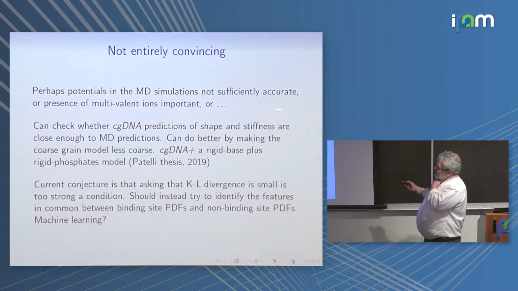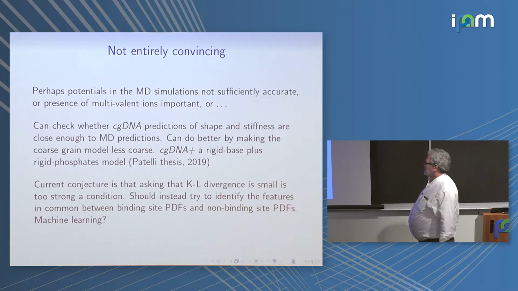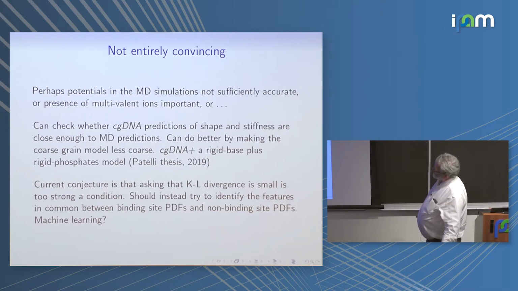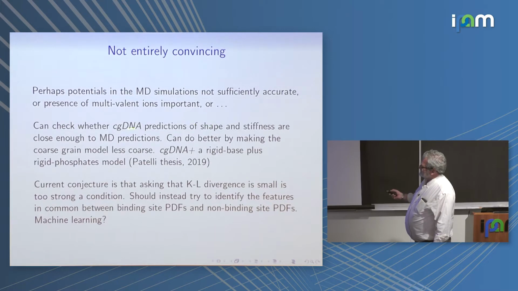So perhaps the potentials in the MD simulations are not sufficiently accurate. Maybe the multivalent ions are important, whatever. Any kinds of things could be going wrong. We can check that the cgDNA predictions of shape and stiffness, if you believe the MD predictions, have no error there.